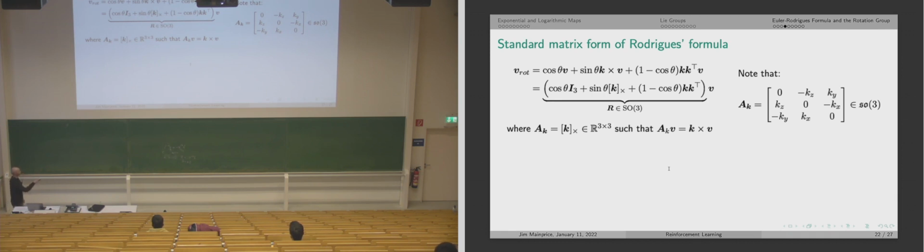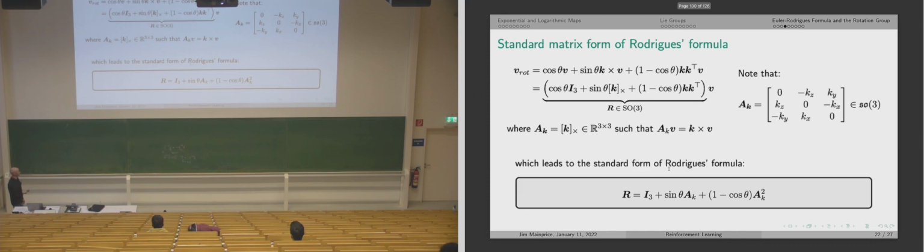So this is the skew-symmetric matrix here. And this gives us the standard form of the Rodrigues formula.